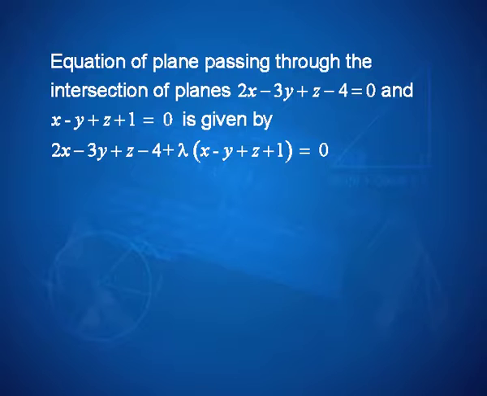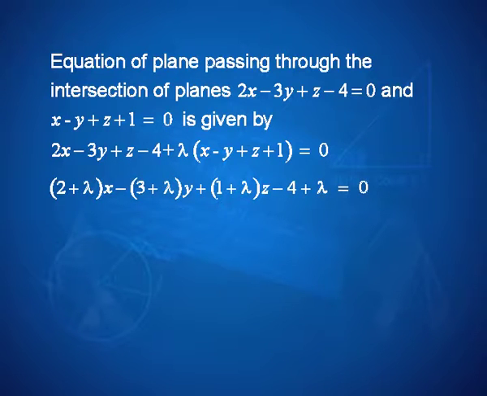If I rewrite this equation, it turns out to be (2 plus lambda)x minus (3 plus lambda)y plus (1 plus lambda)z minus (4 plus lambda) equal to 0.